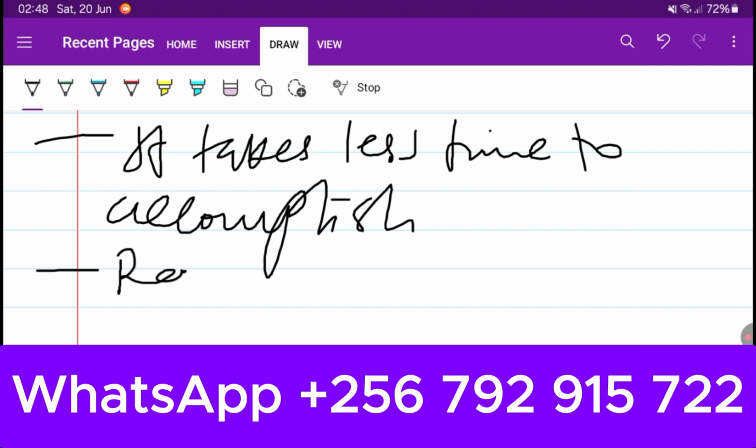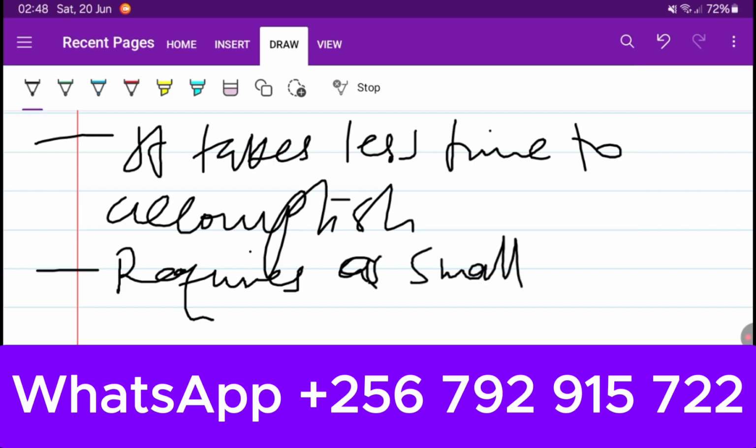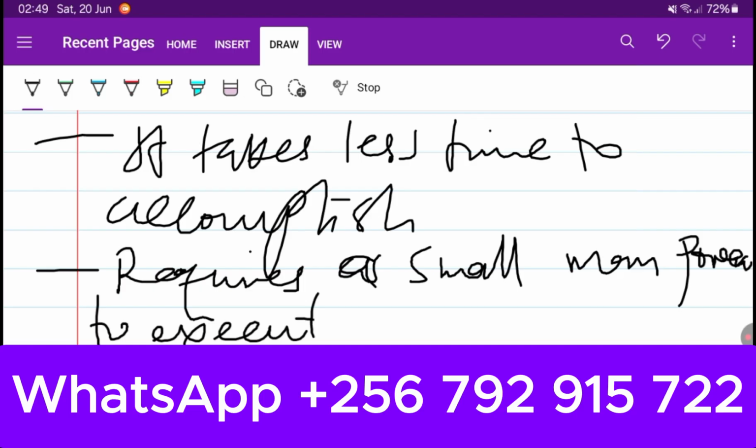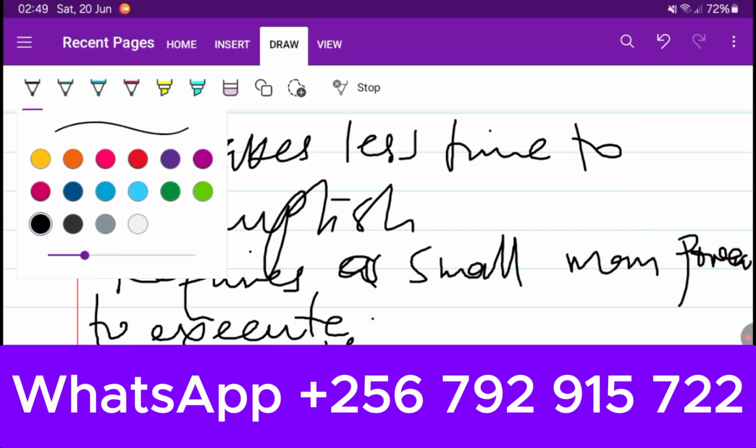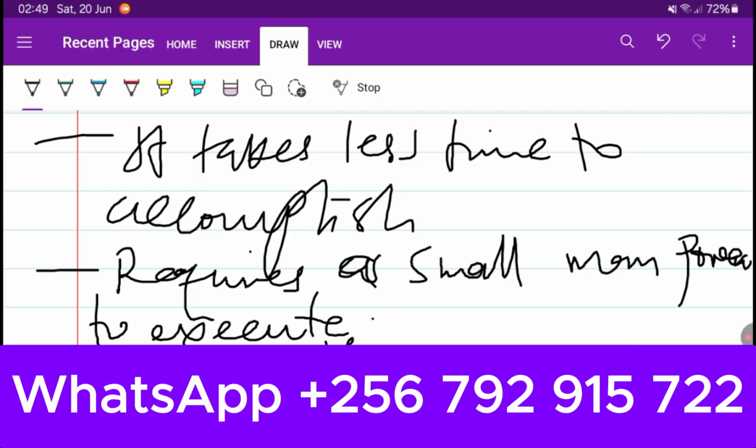It also requires small manpower or labor to execute, meaning it's cheap. It's less costly, and easy to implement.